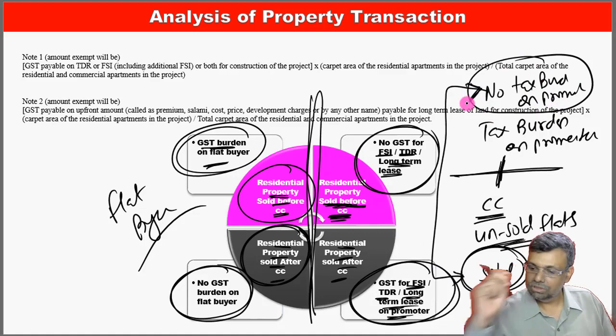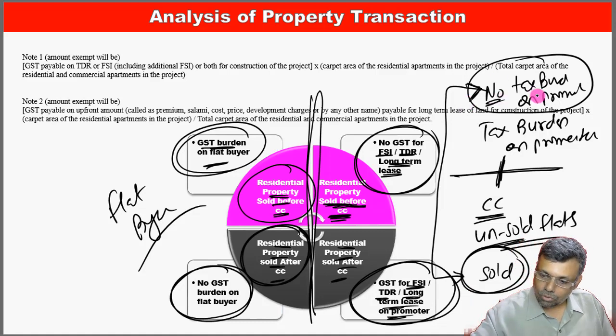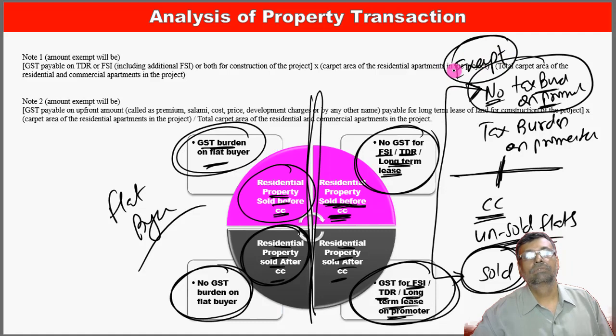In other words, to the extent of the residential flats only, there will be no tax burden on the promoter. When I say there is no tax burden, it means that to that extent, it will be exempt from GST in the hands of the promoter or the developer.